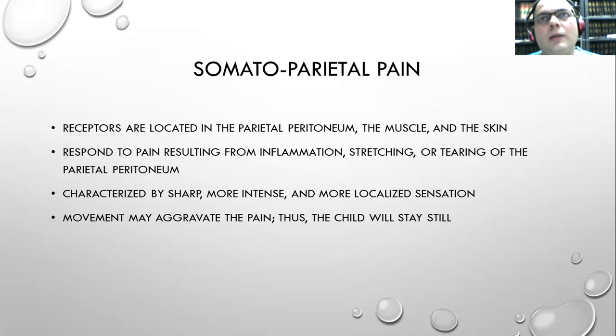Any kind of movement the child makes, the pain will increase, and therefore if we are seeing a child lying still, and on movement the pain is increasing, then it is mostly of a somatoparietal origin. The child will keep his legs flexed so that the muscles are relaxed and the pain is subsided.